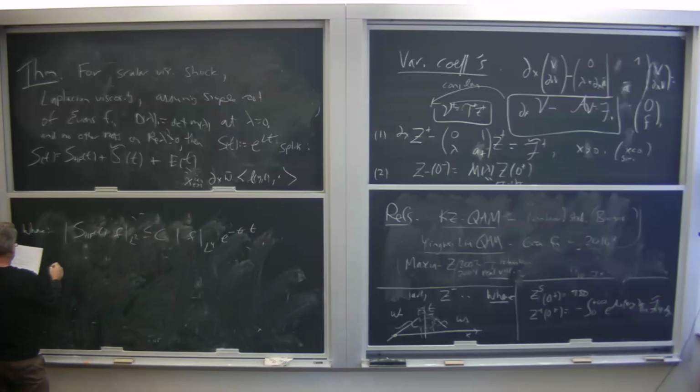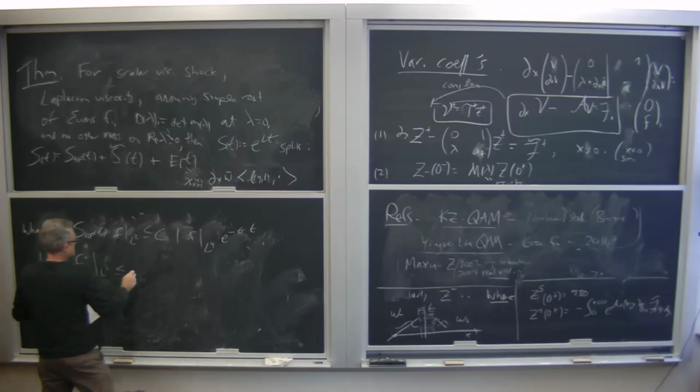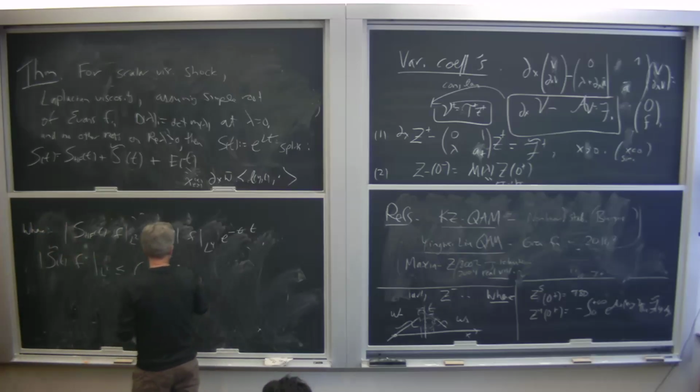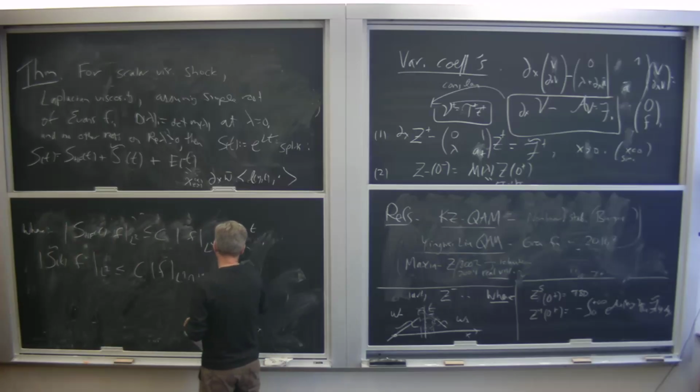And S tilde of t applied to F in L2 is less than or equal to a constant times F in L1 intersect H4 times 1 plus t to the minus 1/4.